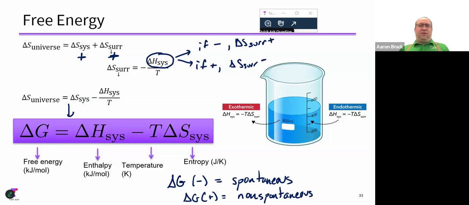So when delta G is negative, that means the entropy of the universe is increasing, and we get a spontaneous process. When delta G is positive, delta S for the universe is negative, and it's a non-spontaneous process.